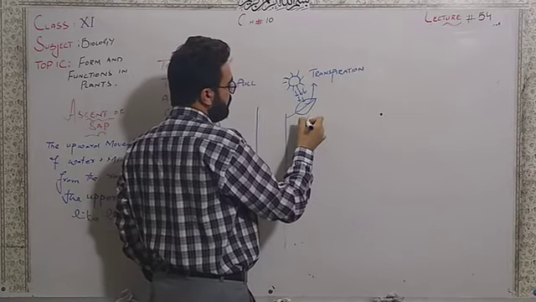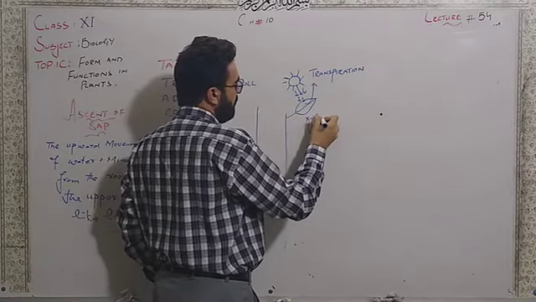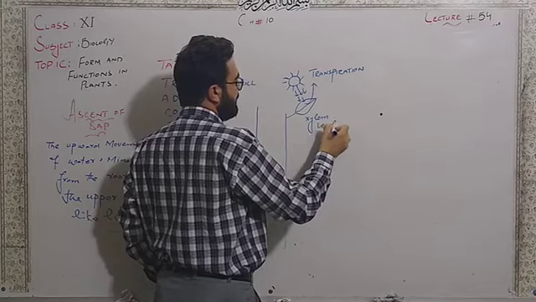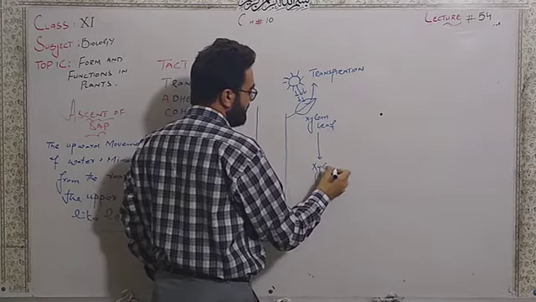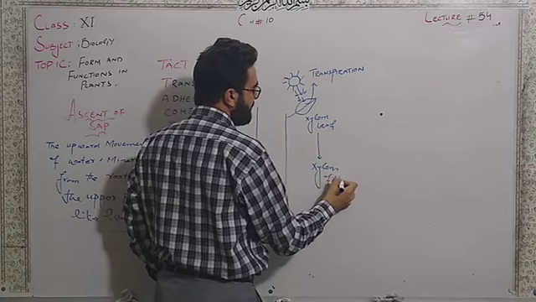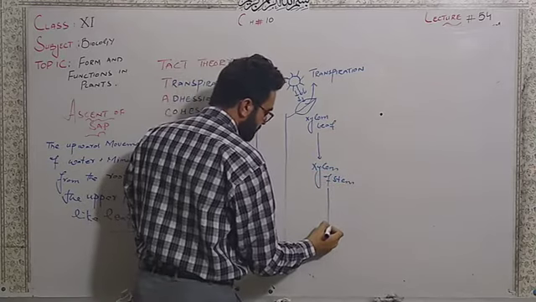First of all, we need to know that the xylem of the leaf is connected with the xylem of the stem, and the xylem of the stem is connected with the xylem of the roots.